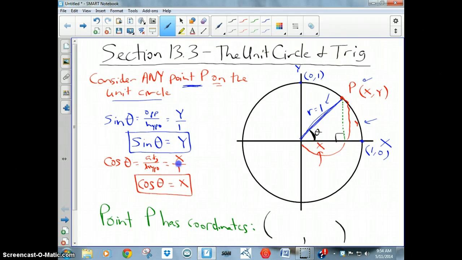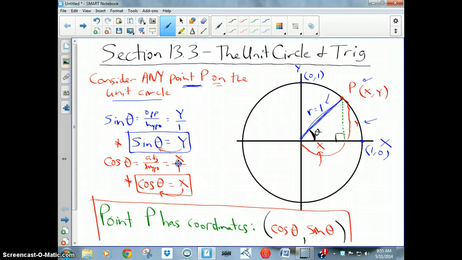So our x-coordinate is always the cosine of theta, and the y-coordinate is always the sine of theta. So that is the coordinate of point P. Cosine theta is the x value, and sine theta is the y value. Very, very important. What I've written in the boxes, please make sure you highlight, the things that I have the red star by.